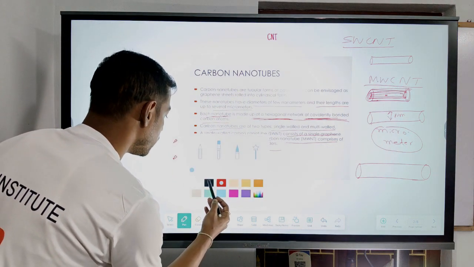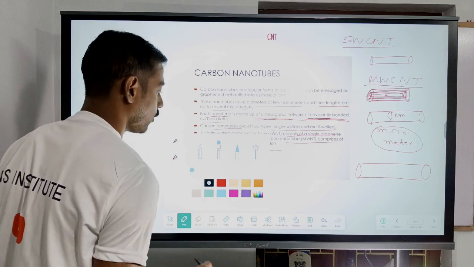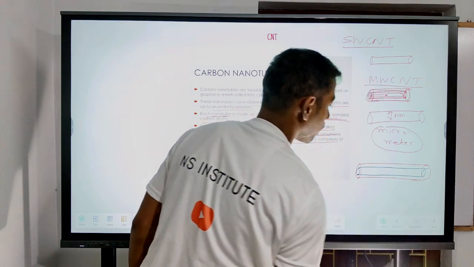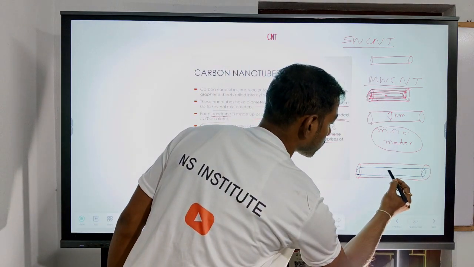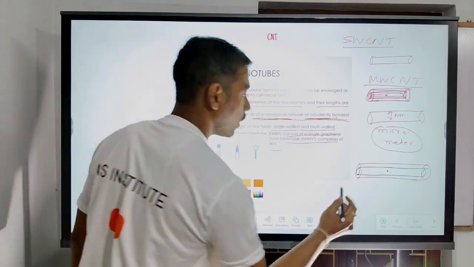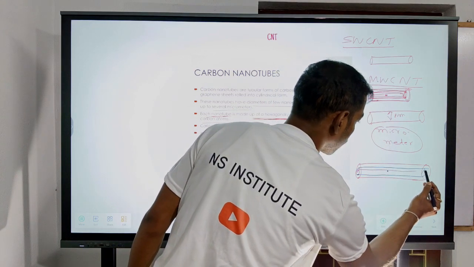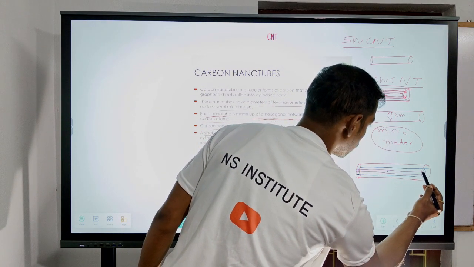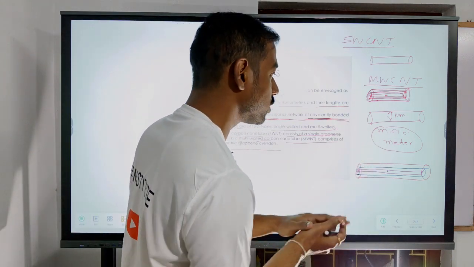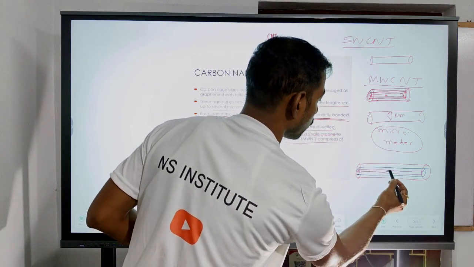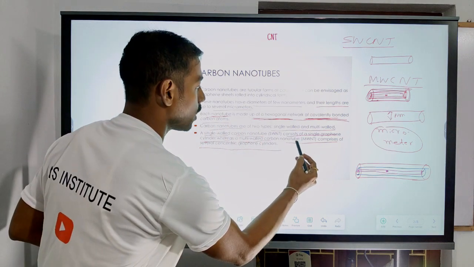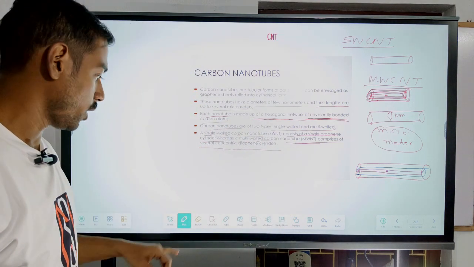Now inside this you will have another graphene sheet, but the center will be the same. Now inside this can be another cylindrical graphene sheet like this one. So there are a total of 3 cylindrical graphene sheets placed concentrically, meaning their centers are the same, and therefore it is named a multi walled carbon nanotube.